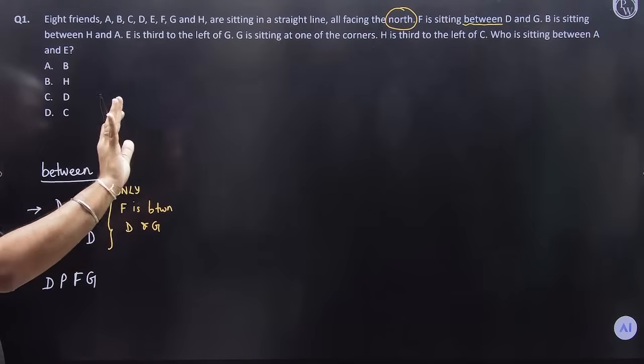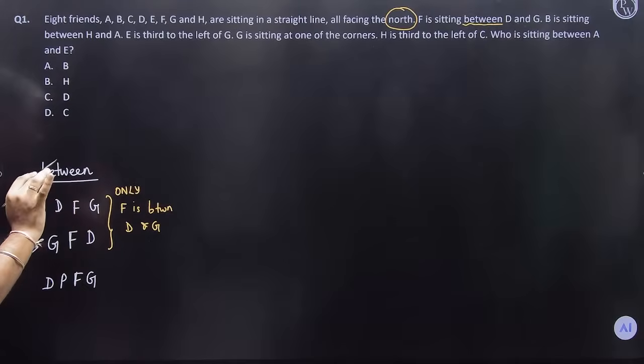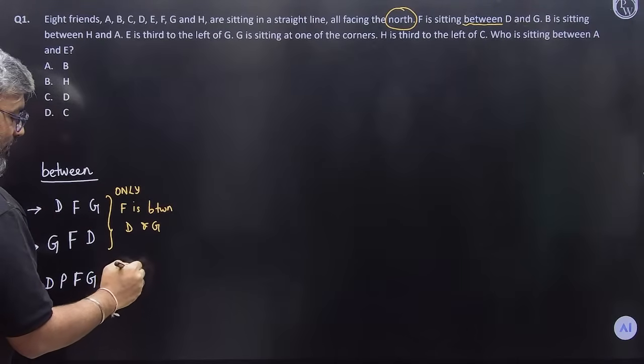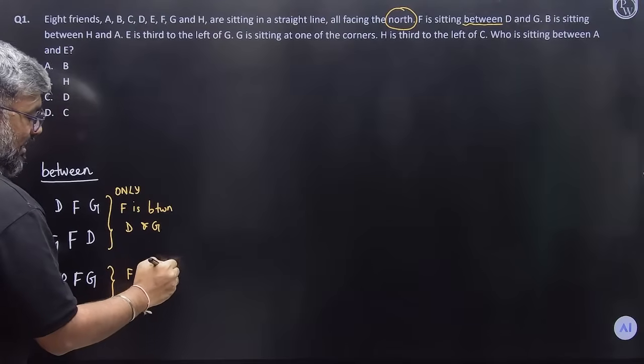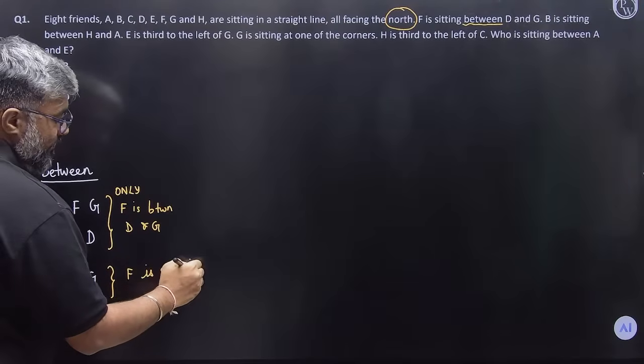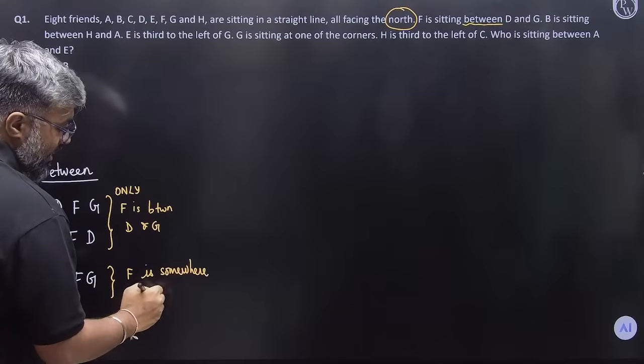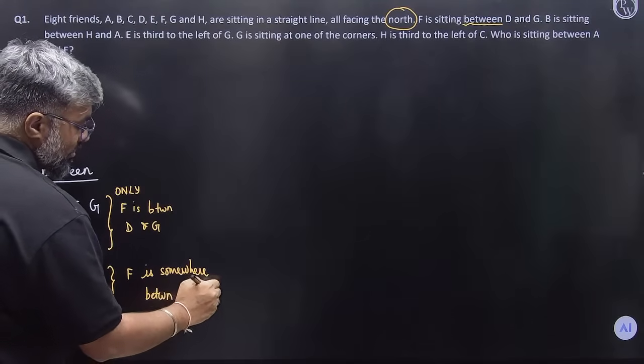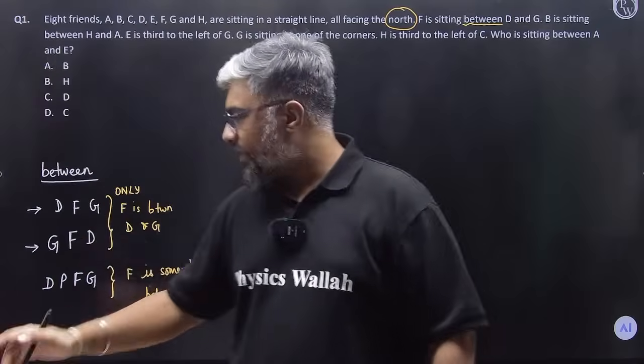Okay, then there is no second thoughts, either this or this. But when they use the term that F is somewhere between D and G, then you will always go for this.